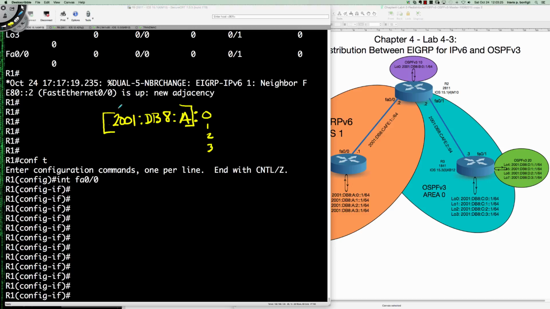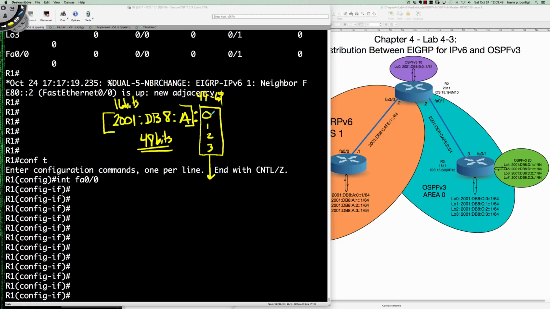The first 3 hextets, each hextet is 16 bits. So we have 48 bits total that already match identically. So where is the interesting hextet? Well, it happens to be the 4th hextet, bits 49 to 64. And these are the ones that we are interested in here.